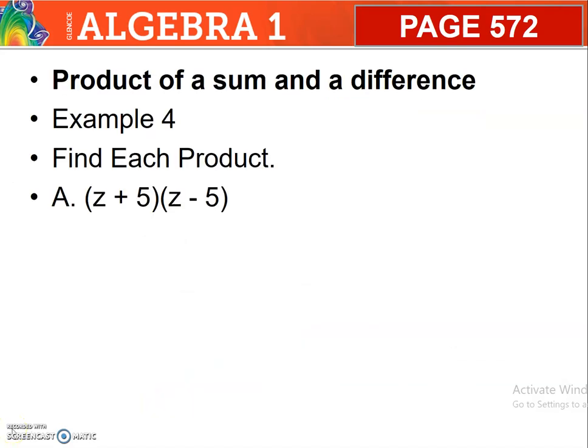Okay, in finding the product of sum and difference, let us look at our example 4. We came to a conclusion that a plus b multiply a minus b, our answer is a squared minus b squared, which is our answer.